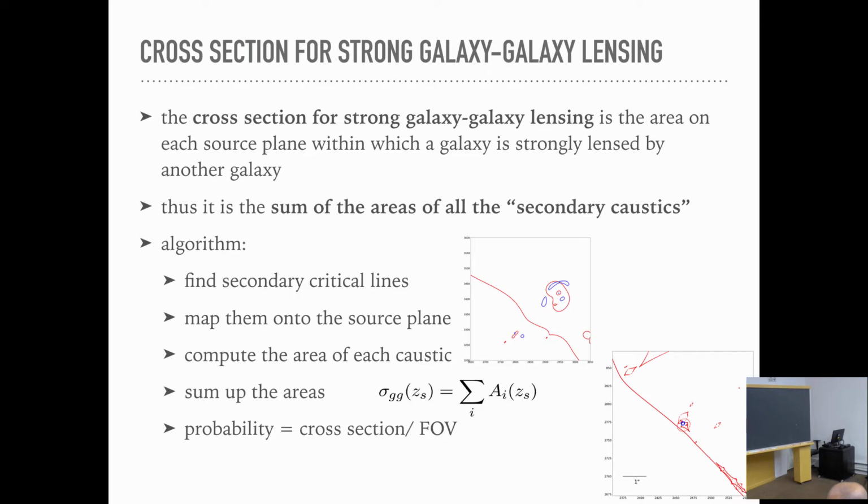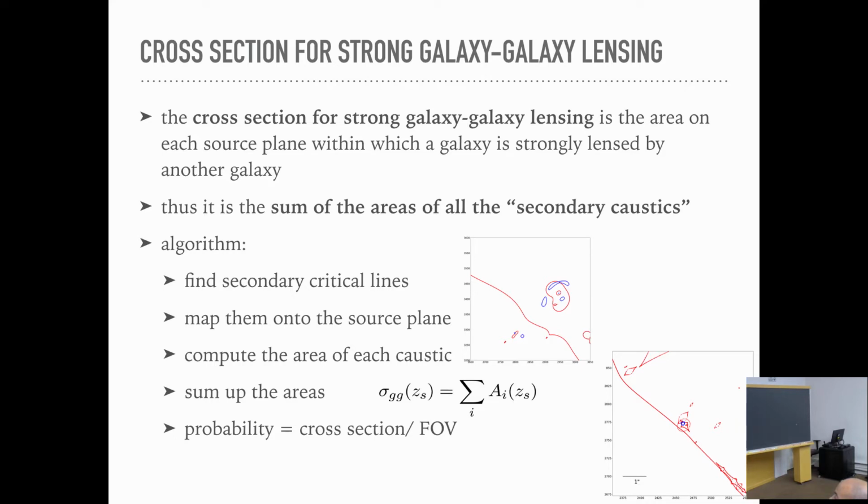Okay, so for what I showed you earlier, what defines the size of the cross section is the size of these secondary caustics that we have inferred from the lens model. So if we sum up all the areas of these secondary caustics here, we end up defining a cross section for strong lensing by galaxies in the clusters.